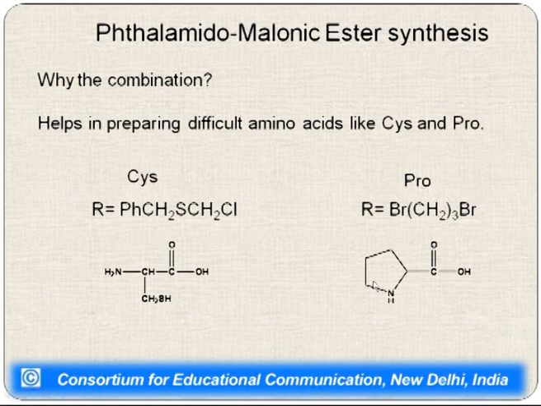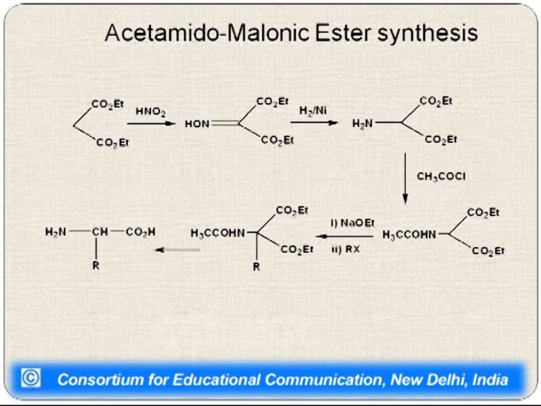The bromide goes away, we remove one HBr and cyclize the molecule. So, not going into much detail, but I am telling you why we are using the combination of two syntheses. The reactant which is required is 1,3-dibromopropane.